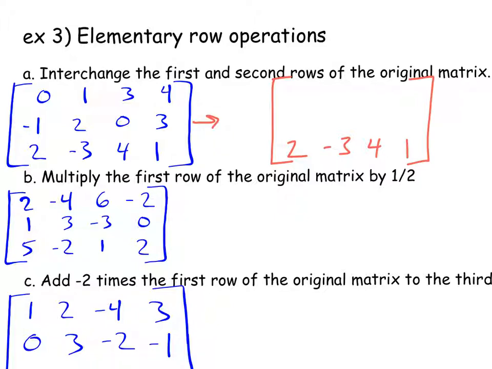What I am going to do, and here's how the notation would work, I do a little curved arrow that'll say R1 here and R2 there. That notation is saying 2 rows were interchanged. What was row 1 is now down here, and what was row 2 is now up here.